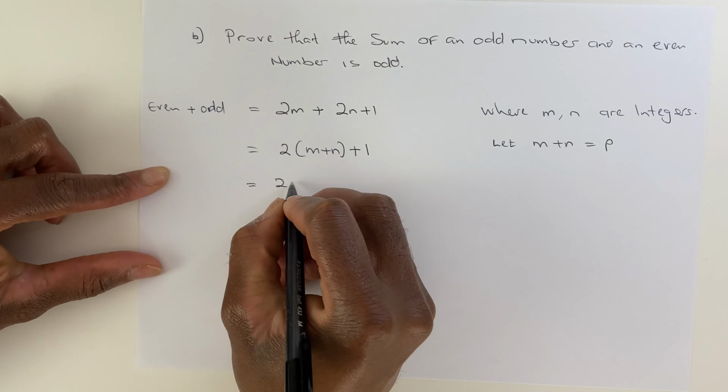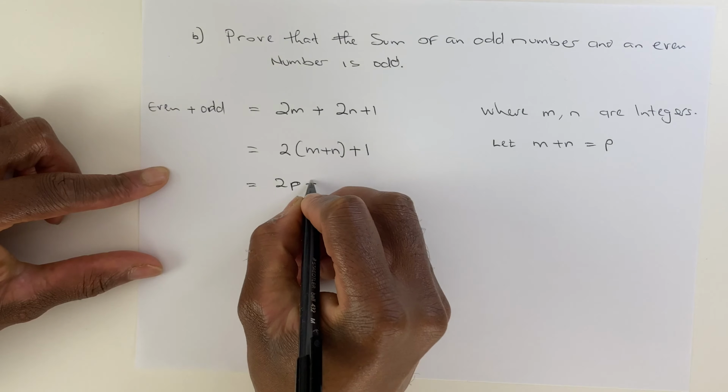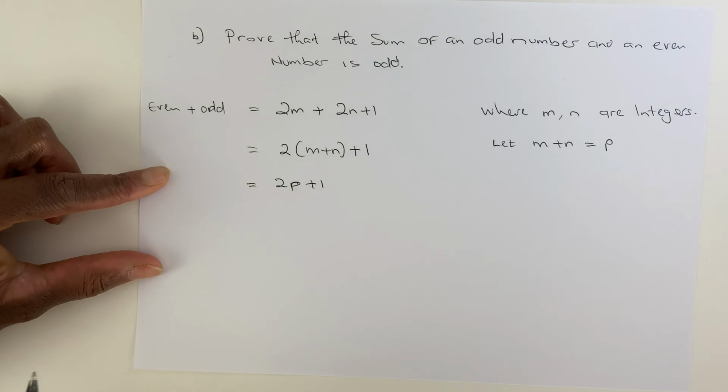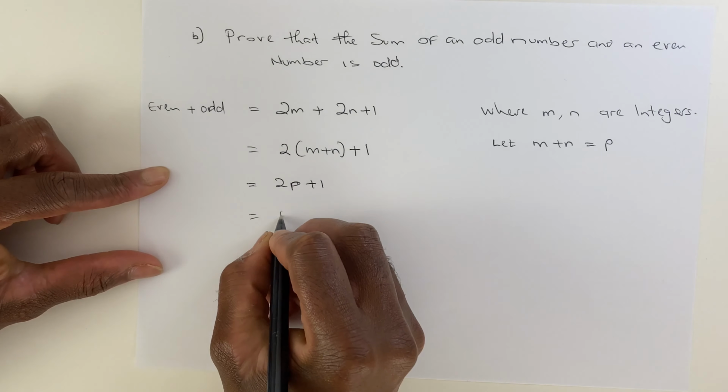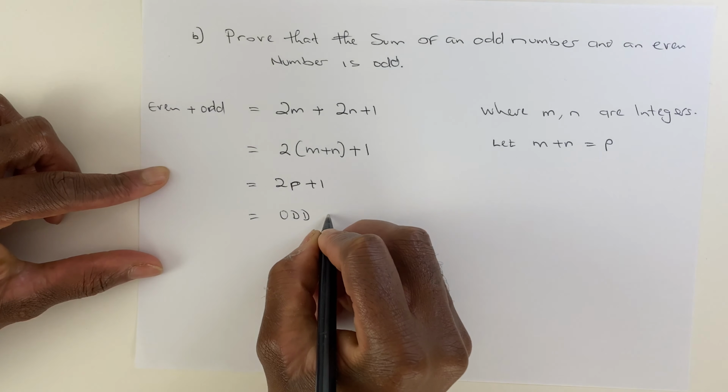Therefore, I'm going to have 2p plus 1. And therefore, 2p plus 1 is an odd number.